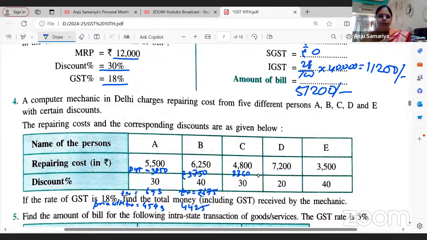Six zero four point eight, correct? You have to write 604.80. For paise you must always write the 0, otherwise it will be marked wrong.